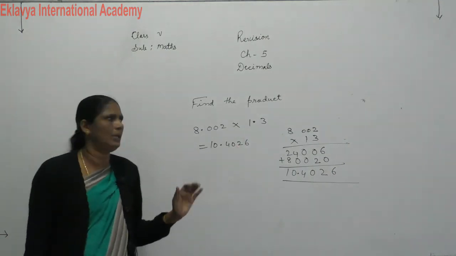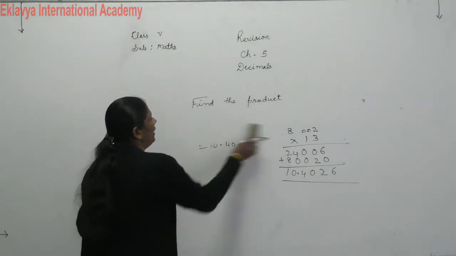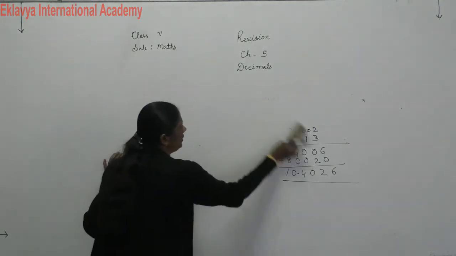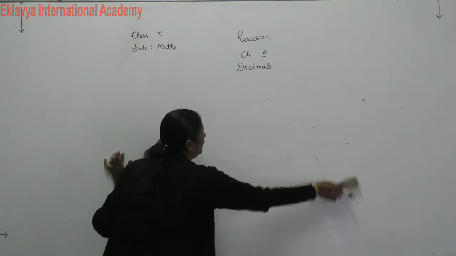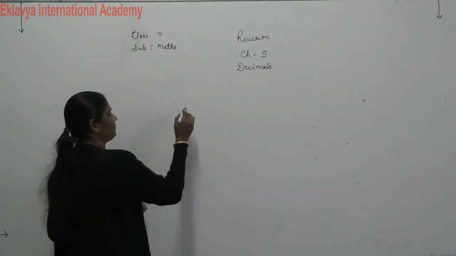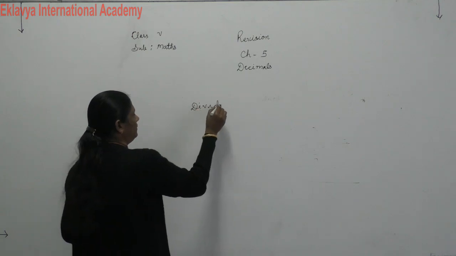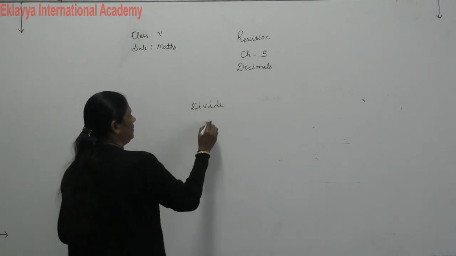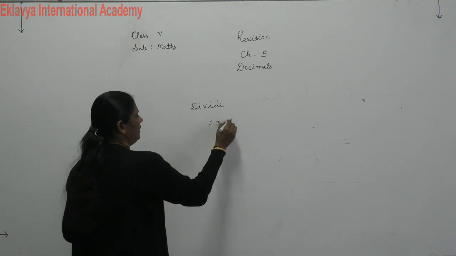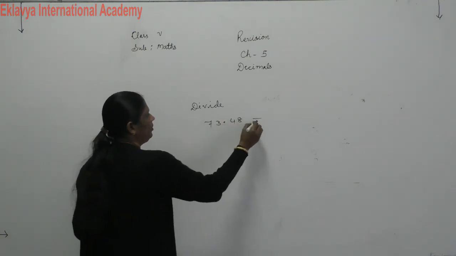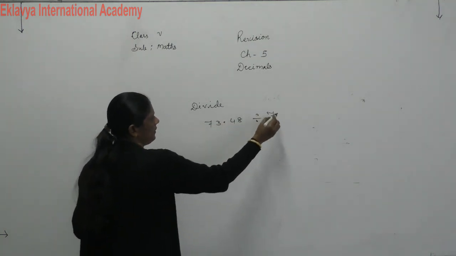Then you put a decimal. Then find the quotient. Divide. How to divide in decimals? Divide 73.48 by 7.